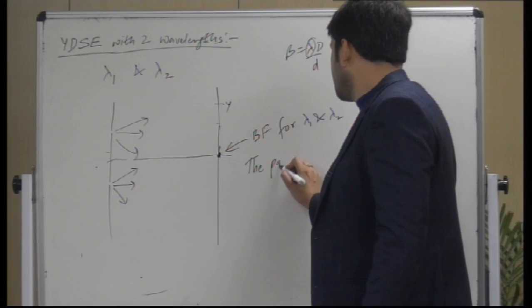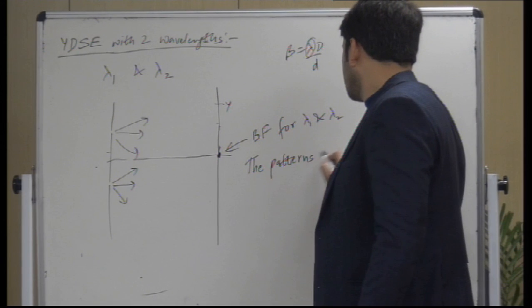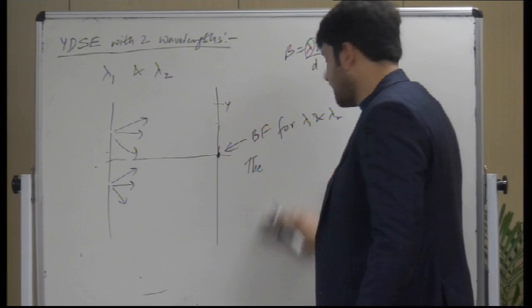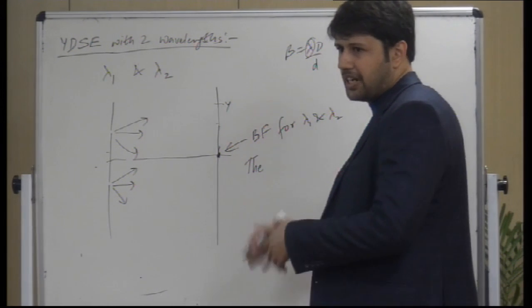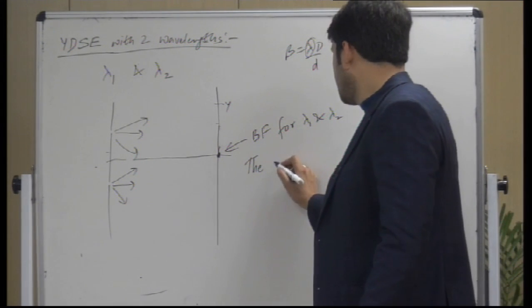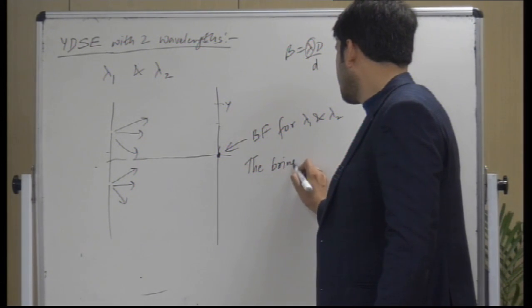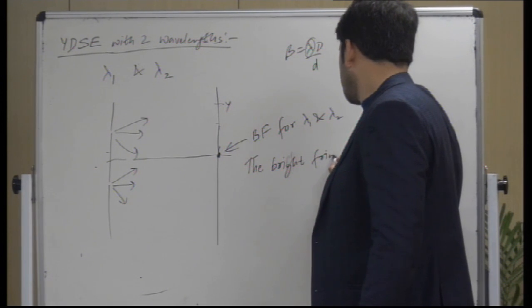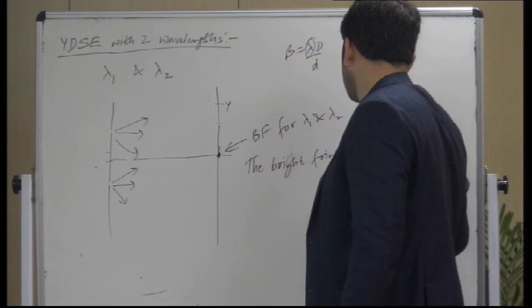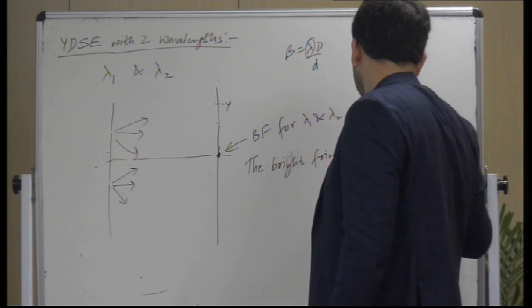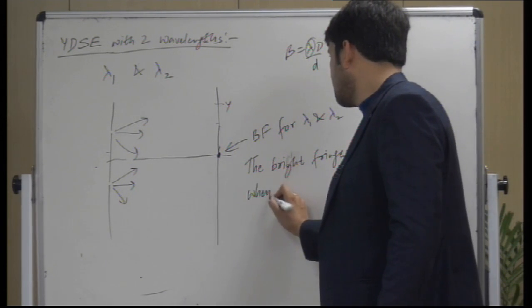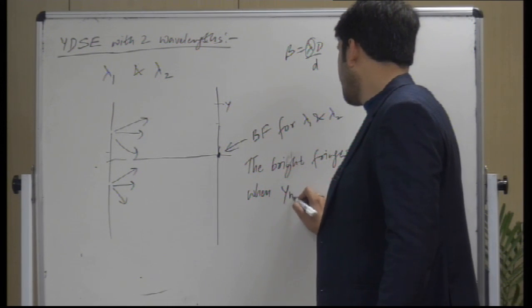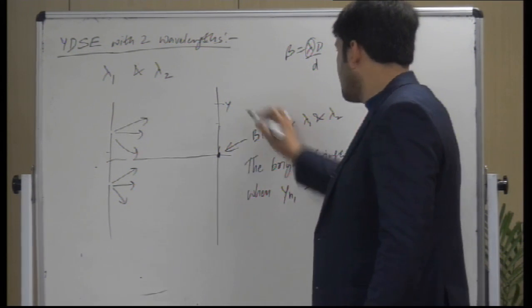The bright fringes would overlap when y n1 is equal to y n2, at the same point.